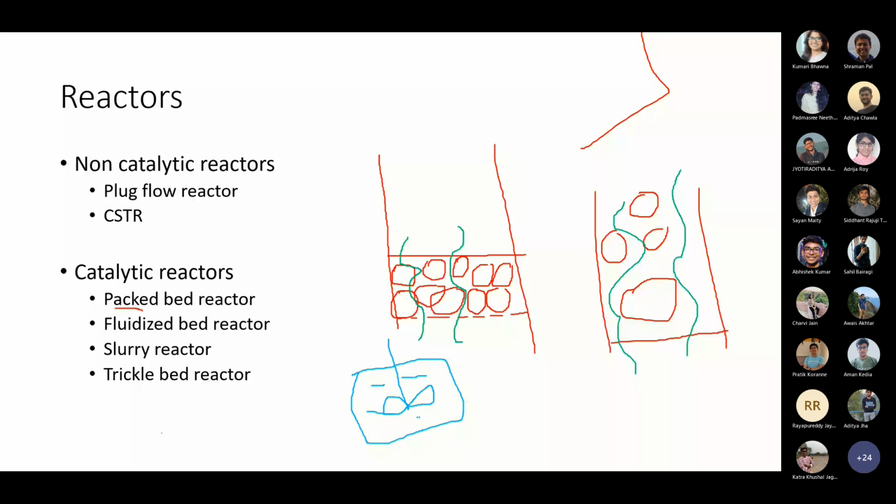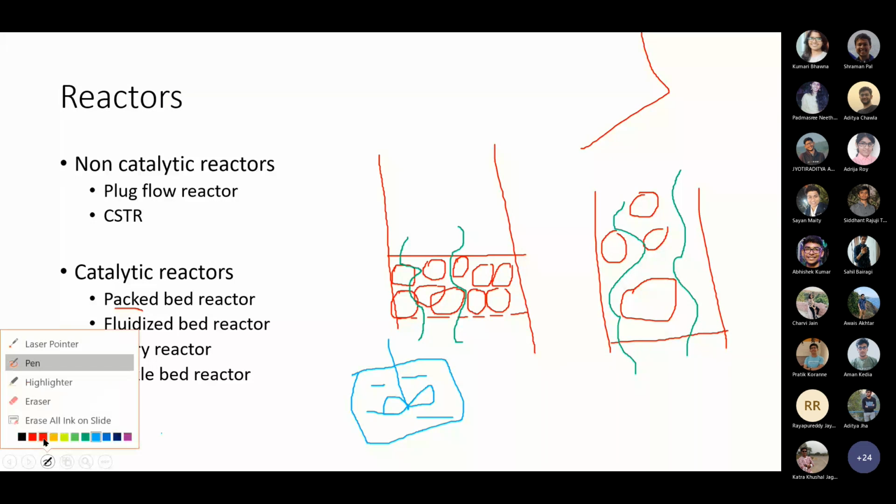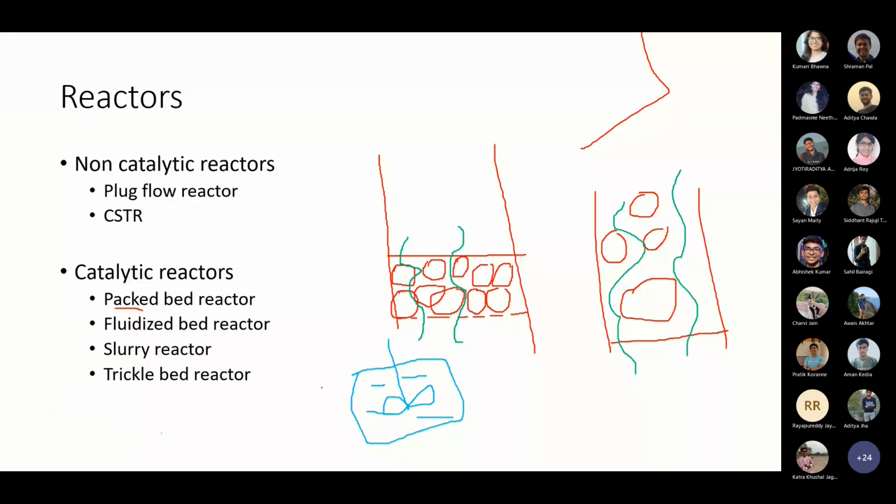If the catalyst particles are very, very small, whatever red dots you can see, when particles are very small, more catalyst particles we can put inside, and this almost looks like a liquid filled with particles, like a slurry. Such types of reactors are called slurry reactors.